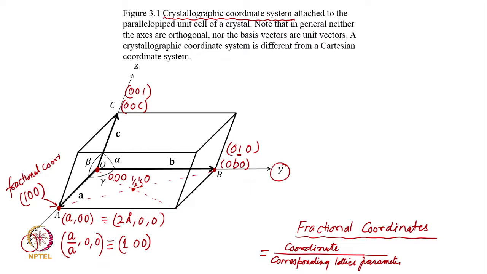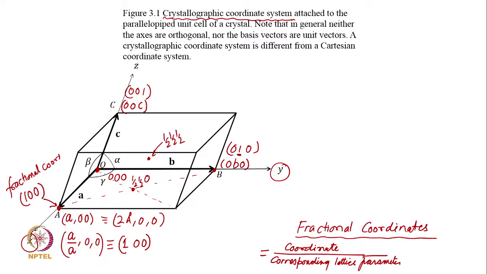How hard will I have to work if you did not give me this fractional coordinate and gave it in terms of A, B, C, and even worse gave it in a Cartesian system where the crystal was, let us say, triclinic. Similarly, the body center will become half, half, half irrespective of the unit cell shape. Do not think that half is the body center only of a cubic unit cell, but what will happen in the triclinic unit cell?